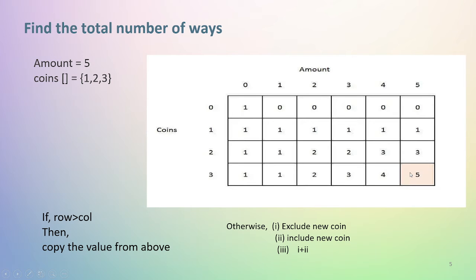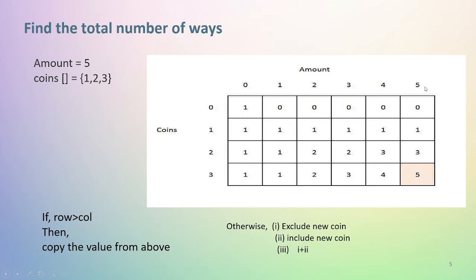In the last row, we can see the amount is 5 and the number of row is also 5. In this section the coin value is 3, so we consider this 3.